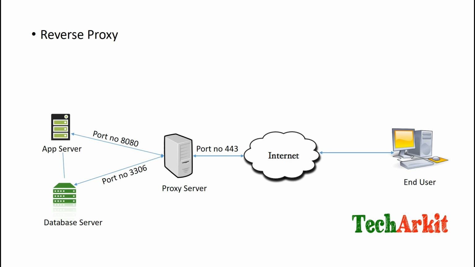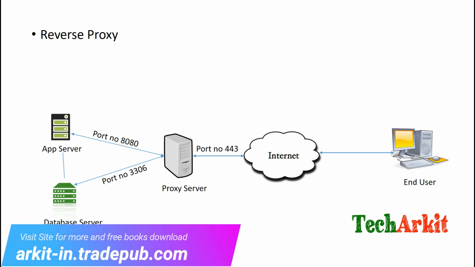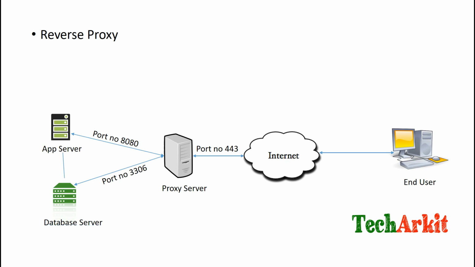One is the regular proxy server, where you have to do settings on each and every client side, and the traffic flows through this proxy server, which delivers the content from the web servers as a reply to the user. With transparent proxies, you don't need to do anything on the client side.